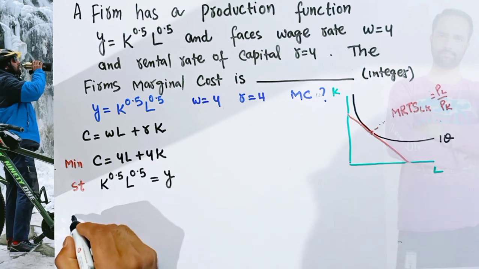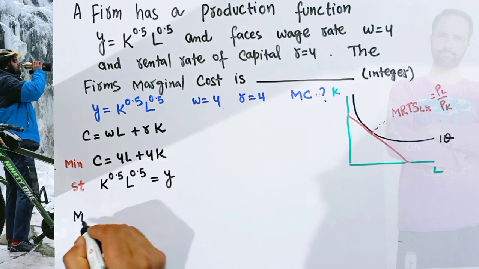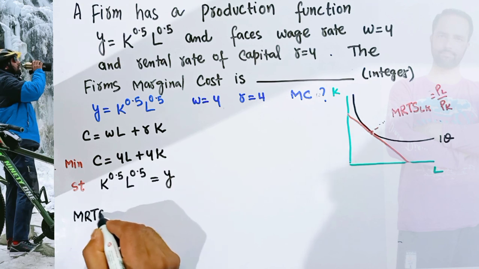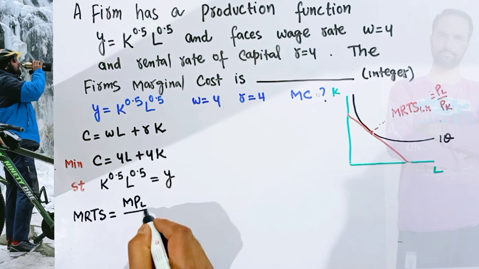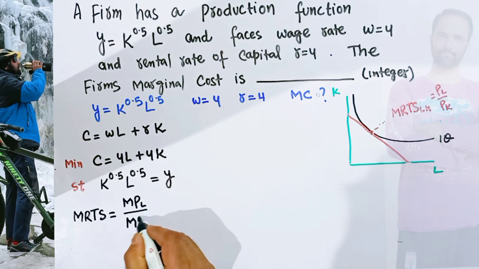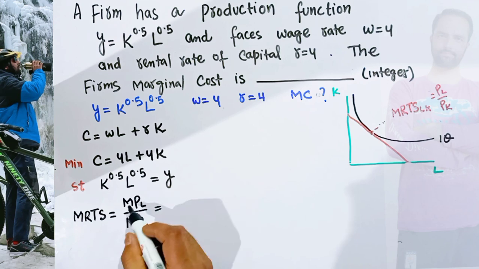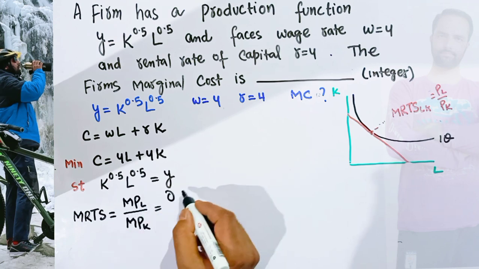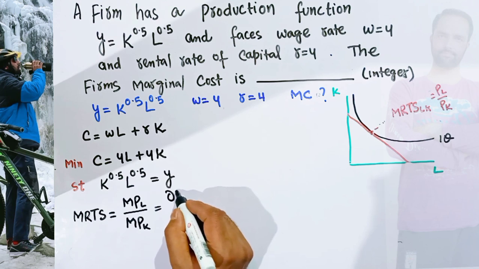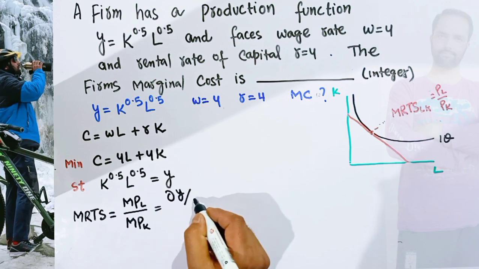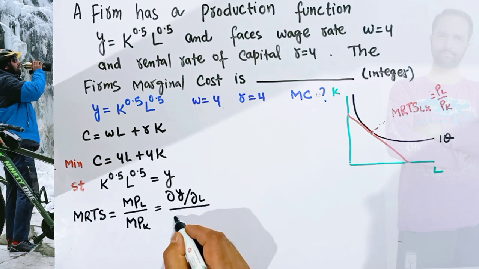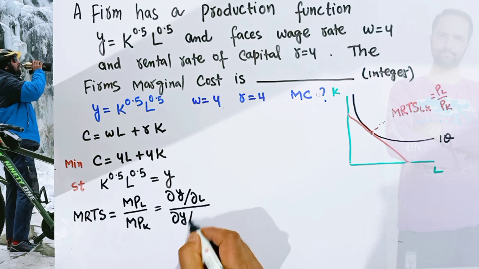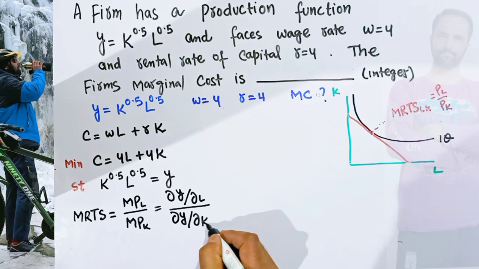Now what is MRTS? MRTS is simply equal to marginal product of labor upon marginal product of capital. Marginal product of labor means the partial derivative of the production function with respect to labor, divided by the partial derivative of the production function with respect to capital.